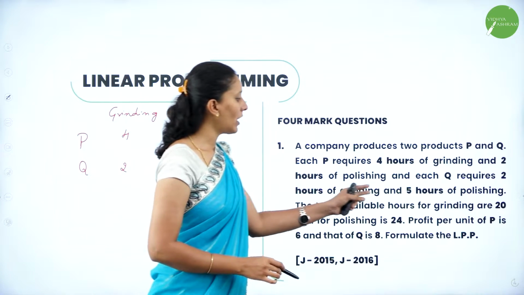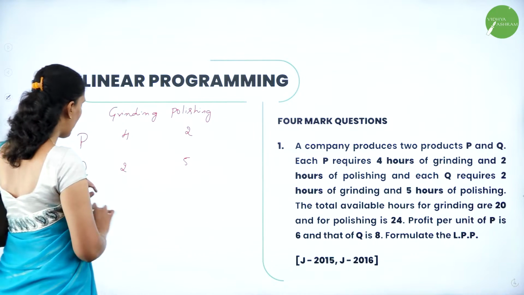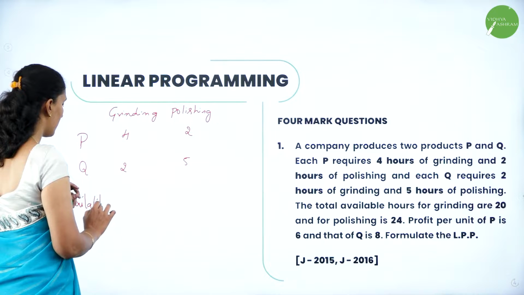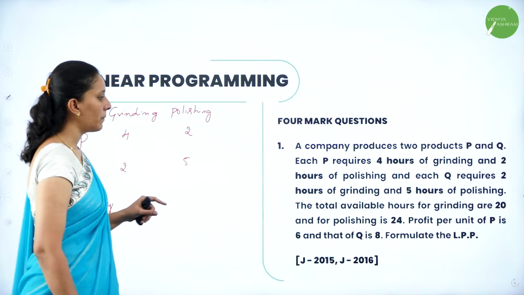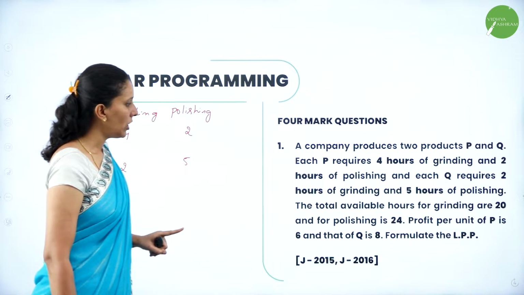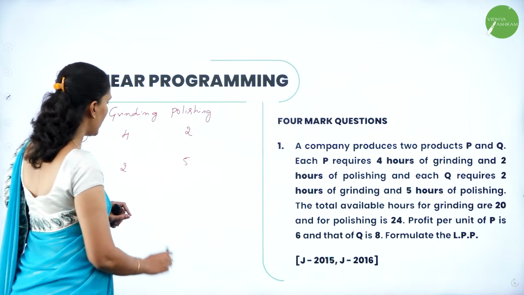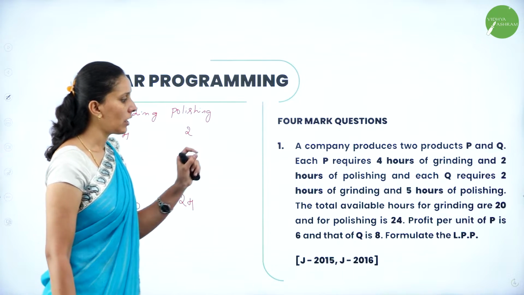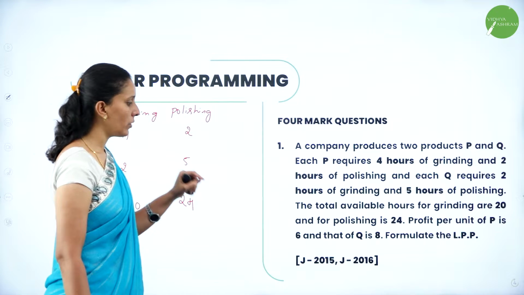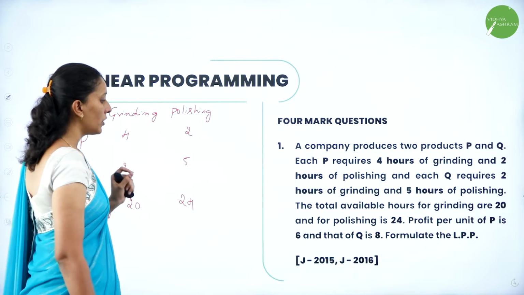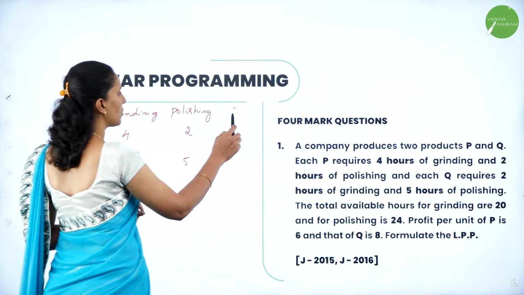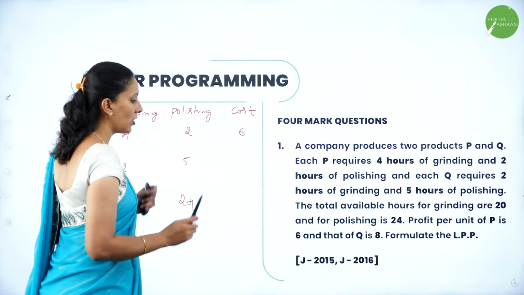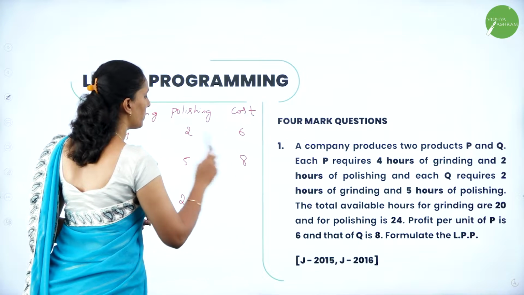Then the total available hours, so availability for polishing as well as grinding is 20 and 24. And next, the cost of product P per 1 unit and product Q per 1 unit is given. So that is the cost of P is rupees 6 and the cost of product Q is rupees 8.